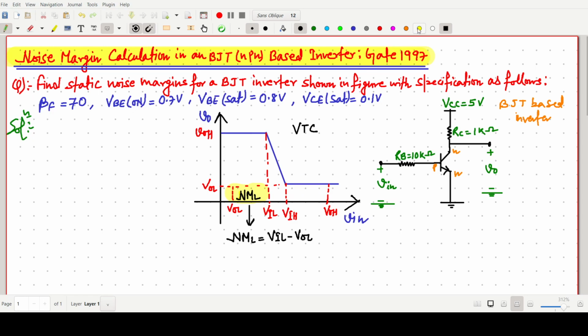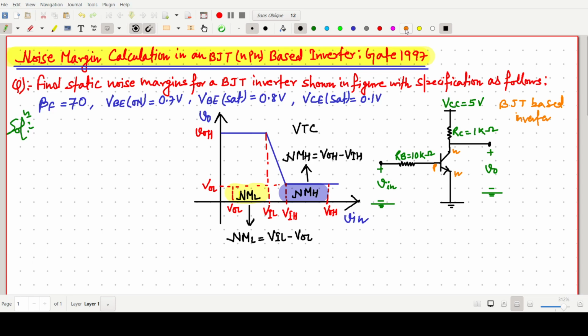Similarly, the other one is NMH, the noise margin due to high input voltage, and this NMH is nothing but simply our VOH minus VIH.